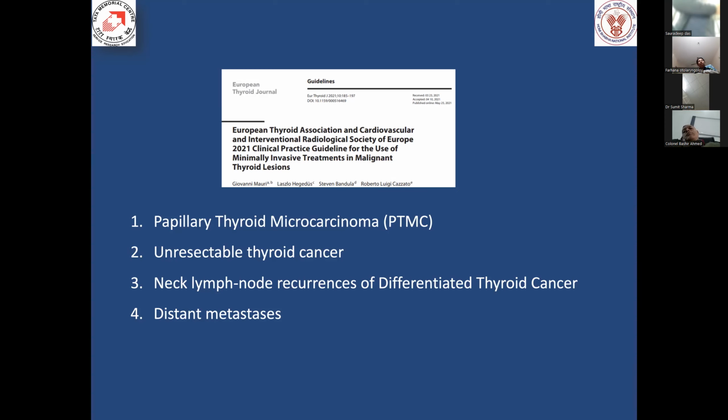So that is another area where RFA can be done to cause debulking. Third area is recurrence after surgery. So those nodes can be treated by RFA. And patients who develop distant metastasis, but oligometastasis, and the patient is having symptoms, even those can be treated by RFA.